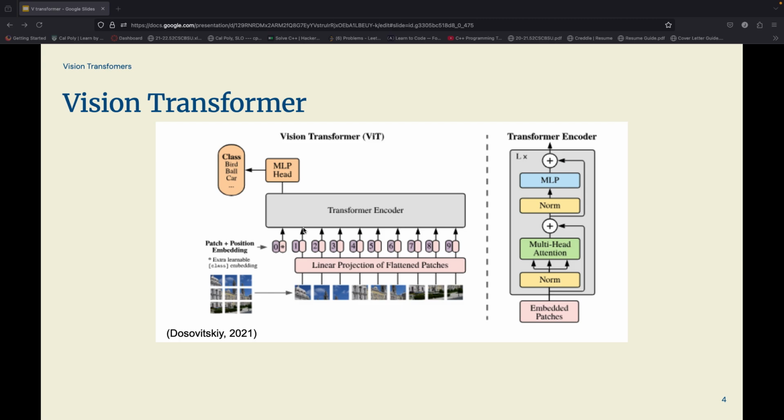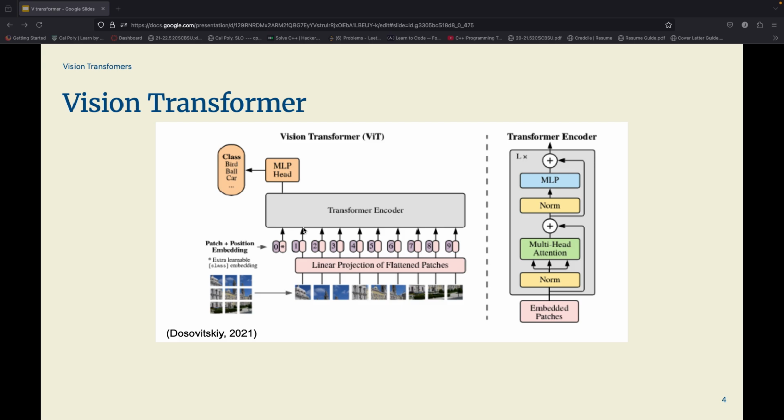This image is the architecture picture from the original paper, and the results were pretty astounding and revolutionary, and sparked much more research into using transformers in computer vision tasks.